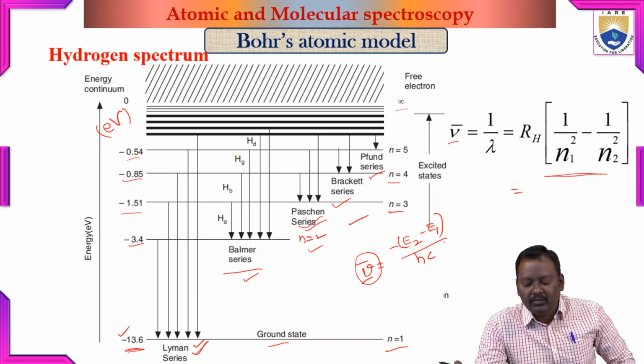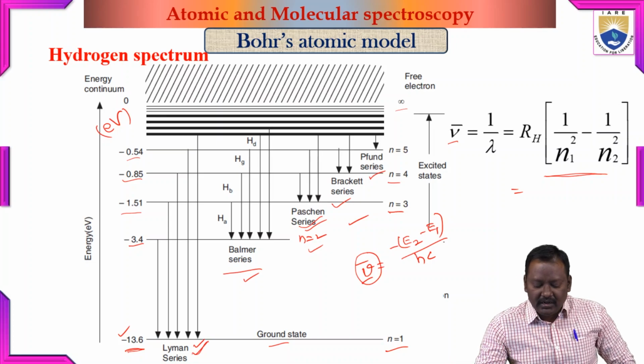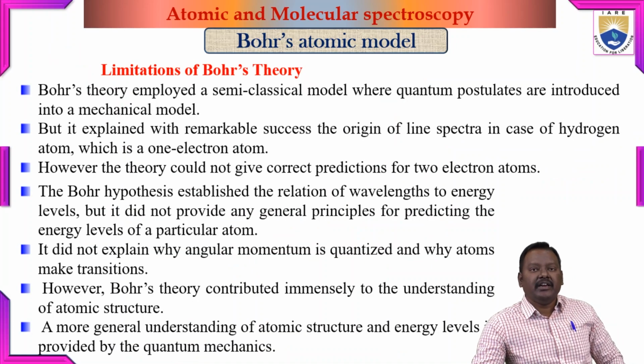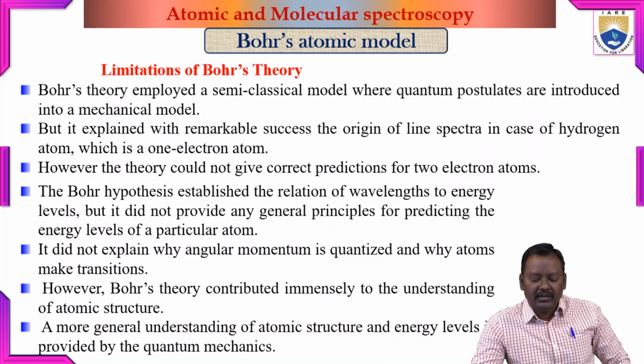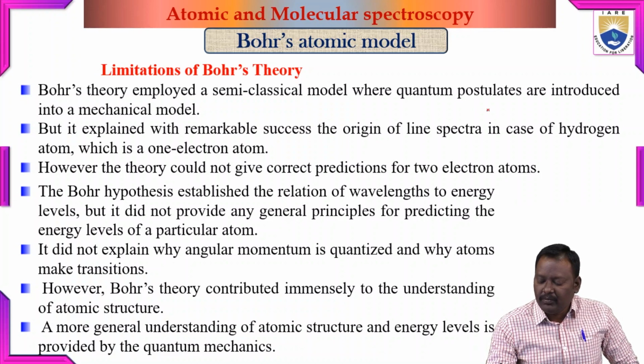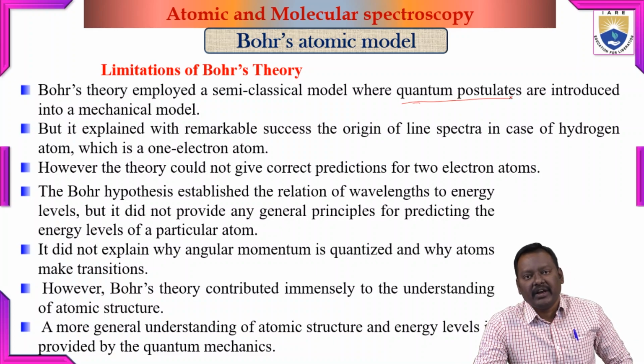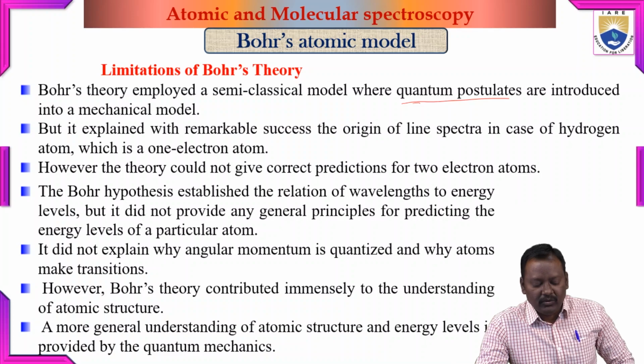So Bohr's atomic model is a successful model particularly for the hydrogen atom or hydrogen-like single electron atoms. But there are limitations given for the Bohr model. This model employed the quantum postulates and introduced quantum mechanics, such as the existence of the photon, to the Rutherford mechanical model.